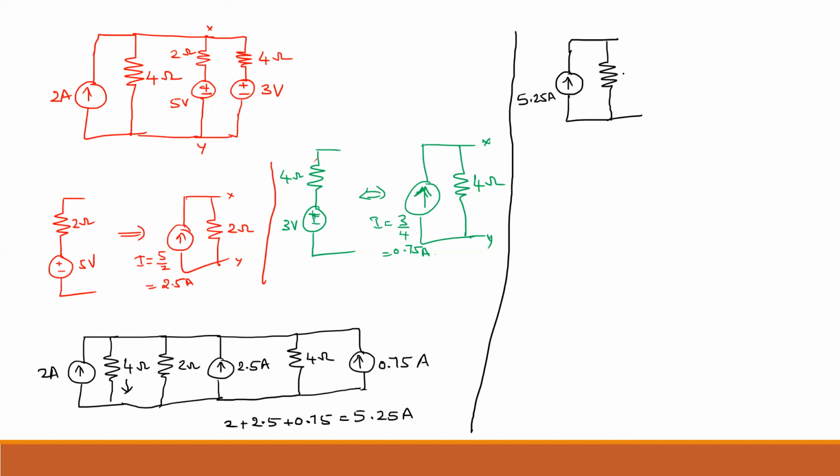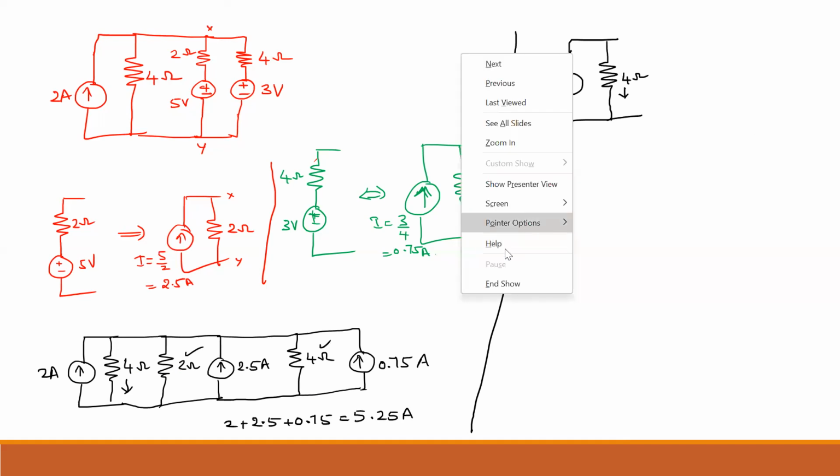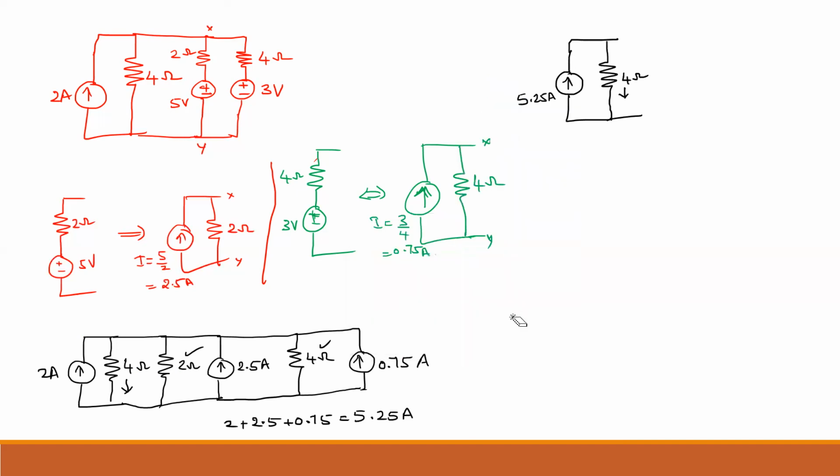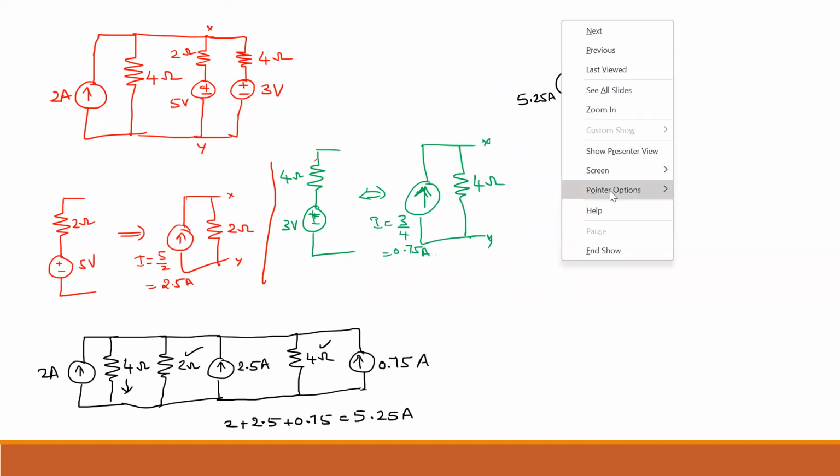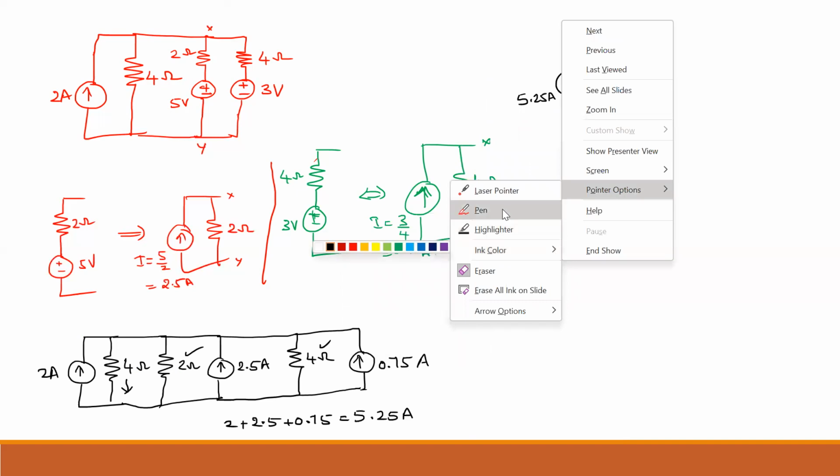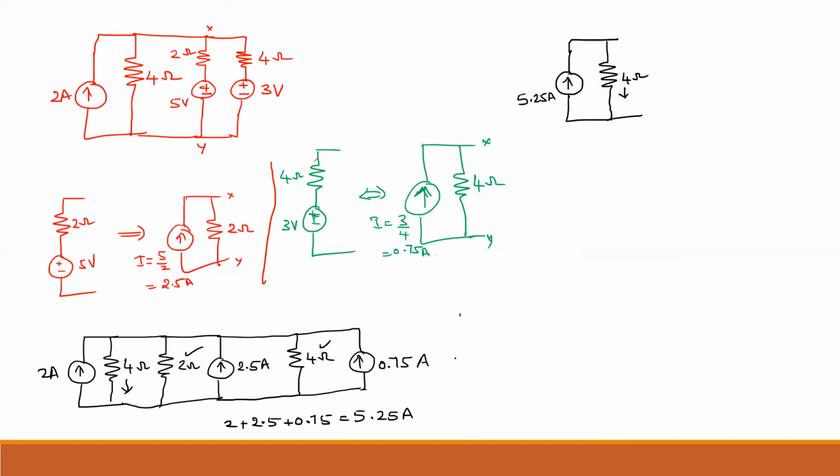I'm not going to modify it because I have to find the current there, and the remaining terminals are 2 ohm and 4 ohm. You can say that 2 ohm and 4 ohm are connected in parallel. Before that we have to calculate that. 2 ohm parallel to 4 ohm will become 2 into 4 by 2 plus 4.